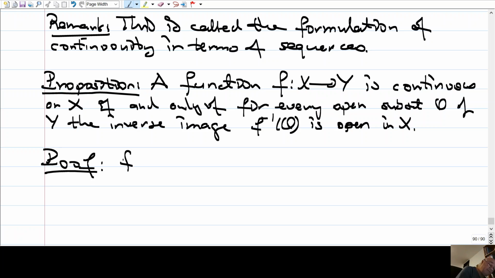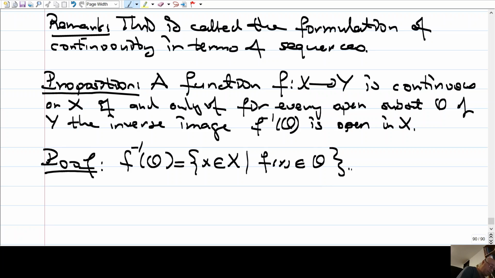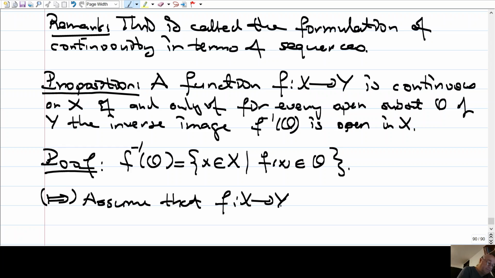Remember, f inverse of O is what? This is the set of all x's in X such that f of x lies in that subset, right? Okay, let's start from this direction. So I assume f is continuous at all points.